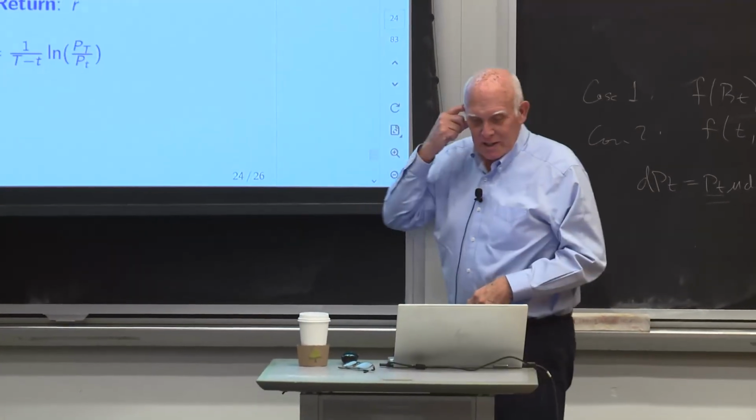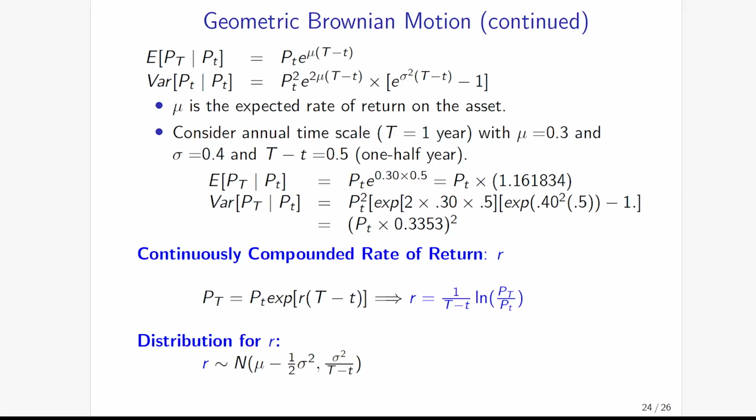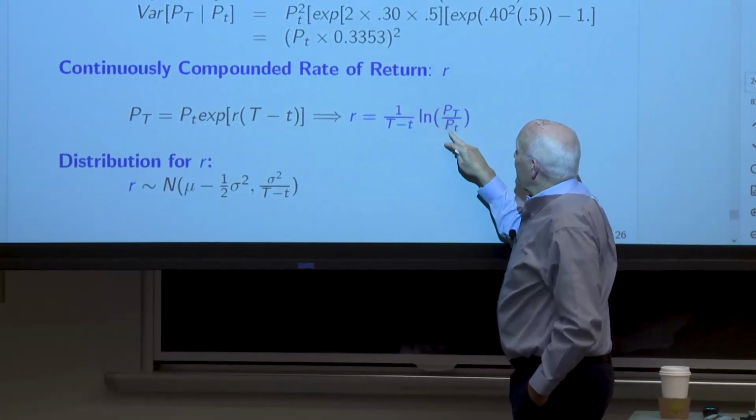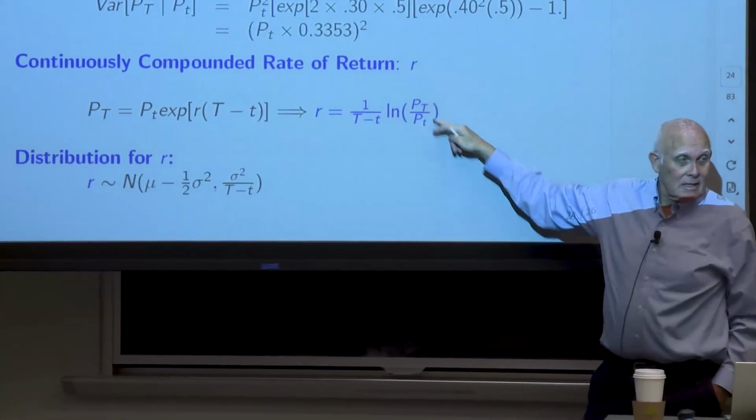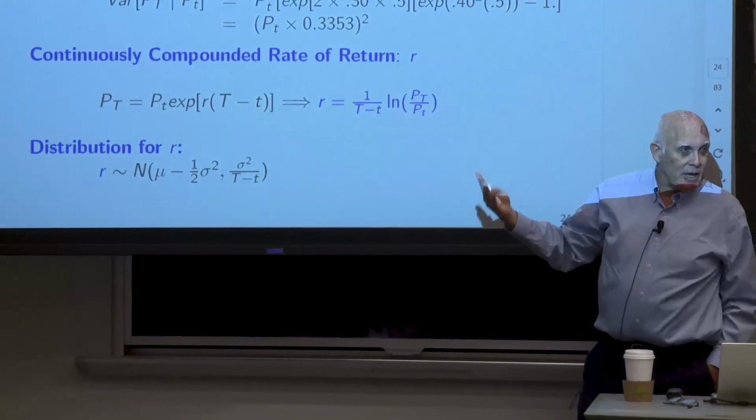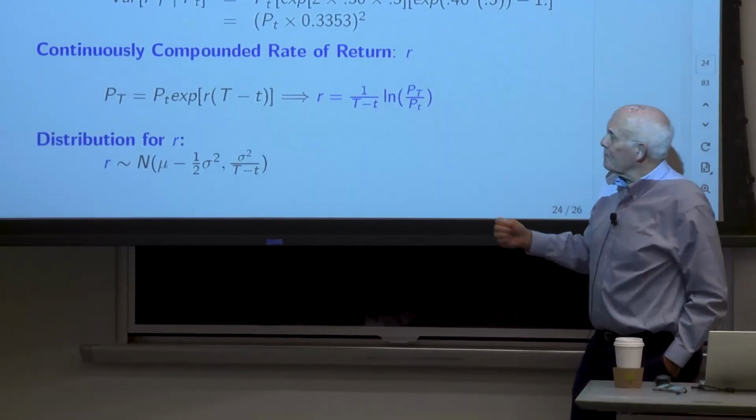Now, with this result, we can compute the continuously compounded percent return of a geometric Brownian motion. So we can look at the change in value from time little t to capital T. The log of that ratio is the difference in logs.